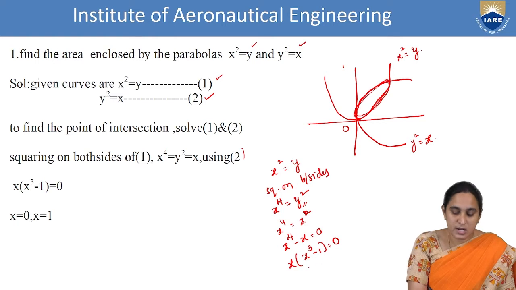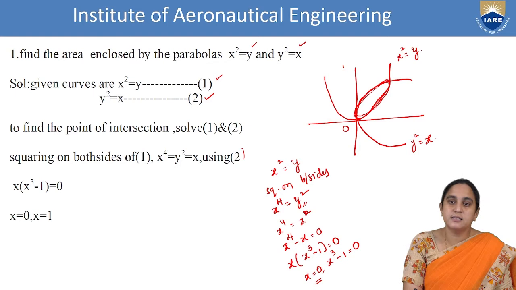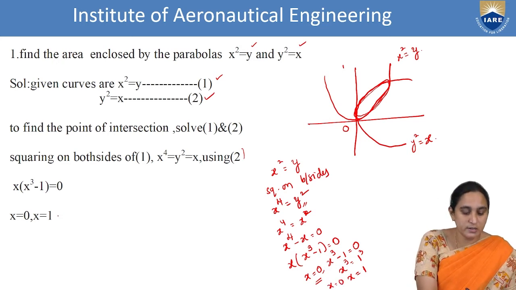Equating each factor with 0, x is equal to 0 and x cube minus 1 is equal to 0, that is x cube is equal to 1. Therefore, the points of x are x is equal to 0 and 1.